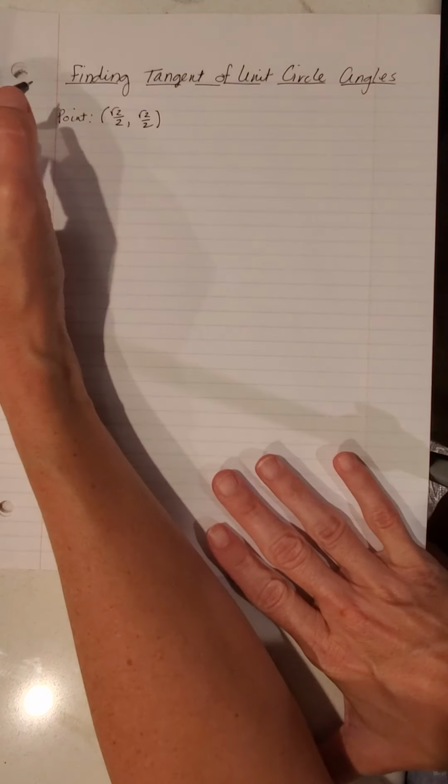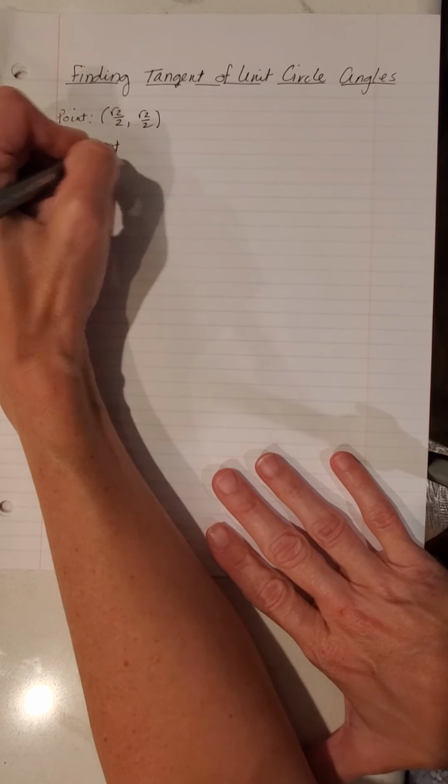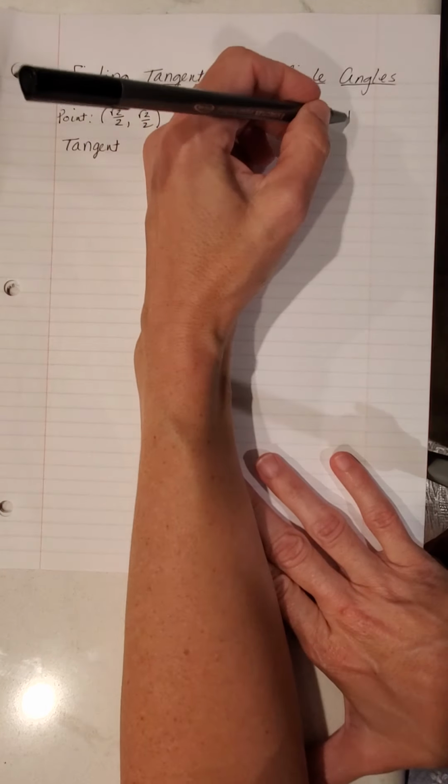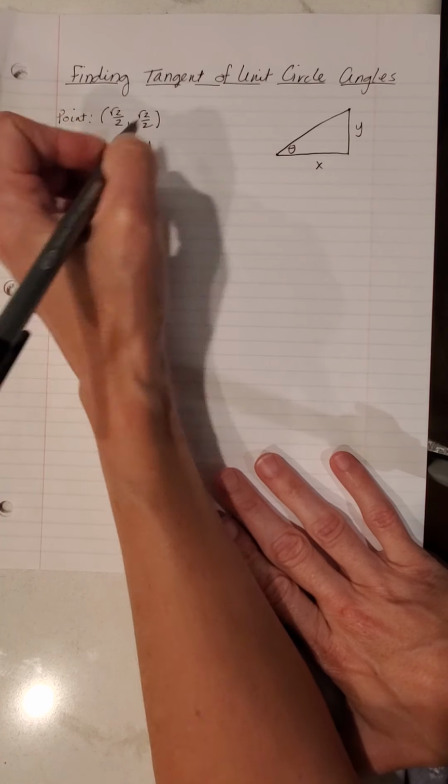Of course, this only works when it's on the unit circle. And so to find tangent, I know that on the unit circle, whatever the angle is, I've got my y and my x, and I know that tangent is opposite over adjacent, and so that's y over x.